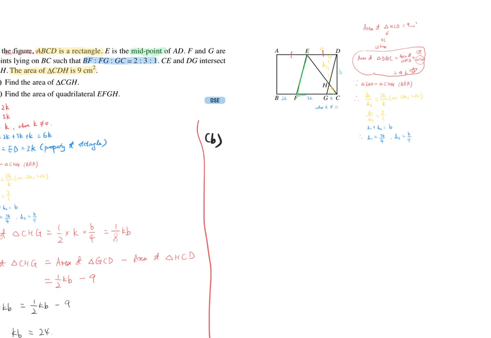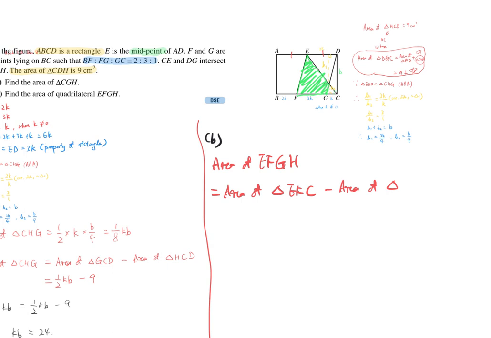EFGH, this part. For this part, maybe we can simply find it by the area of triangle EFC minus the area of triangle CGH.